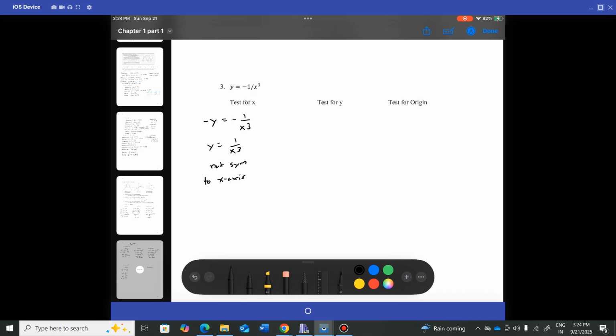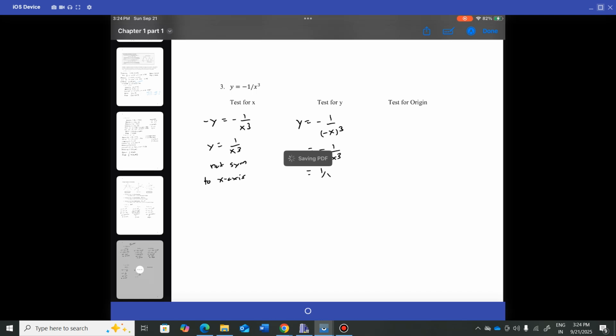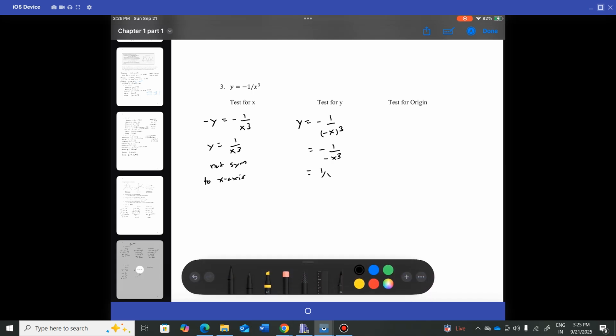Then we test for y, and we get negative 1 over negative x cubed, so 1 over x cubed. Okay, so not symmetrical to the y-axis.